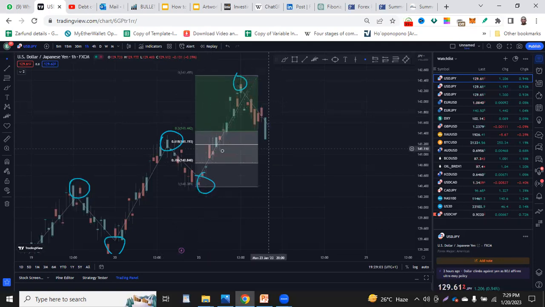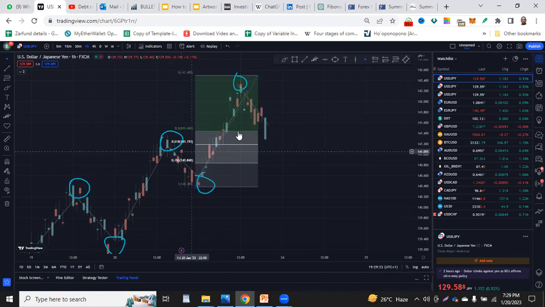So what I have done for my particular Fibonacci is that I have edited it in such a way that I'm only using the relevant Fibonacci lines. On this Fibonacci now, I'm using 0.5, 0.618, and 0.786.